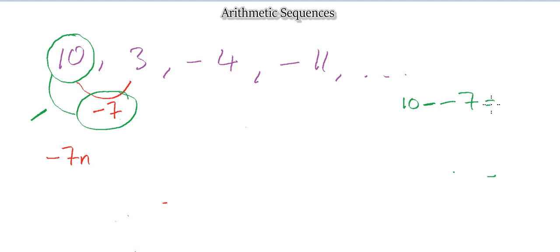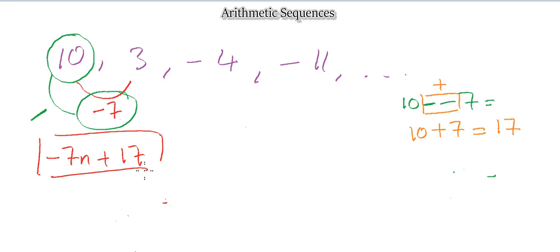And as we know, two negatives make a positive, so this one would actually become 10 plus 7, and that gives us positive 17. So this part would be positive 17.